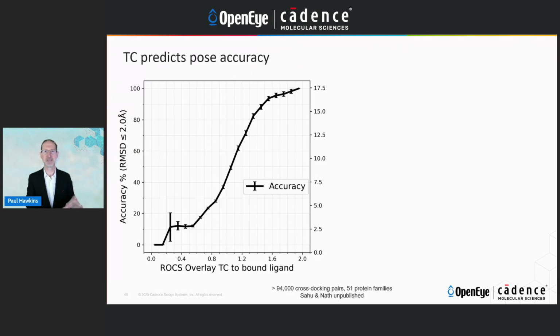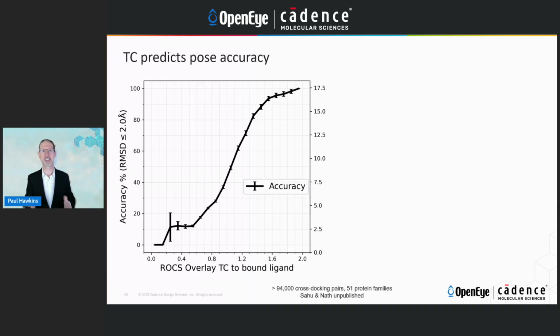In the plot on the left, we've got the Tanimoto combo between the molecule that we're posing and the molecule in the binding site, the crystallographic ligand. And on the y-axis, we have the pose prediction accuracy, the frequency with which that pose, based on retrospective data, is within a 2-angstrom RMSD of the correct answer. And that's based on over 90,000 separate cross-docking pairs done retrospectively.